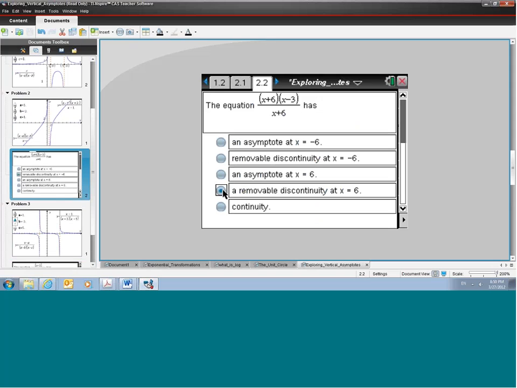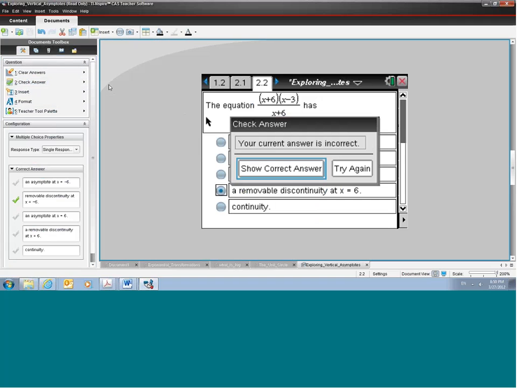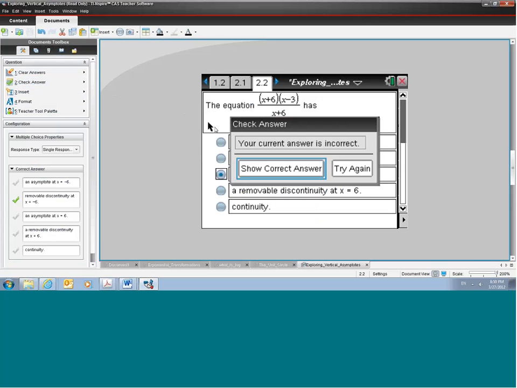And you can select it, this one, not sure which one, and I can check the answer. I can go to the check answers, and it says, nope, wrong answer. I could try again. Is it this one? Check answer, wrong answer again. Okay.